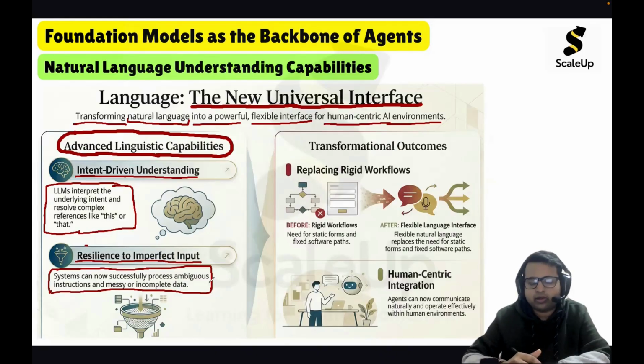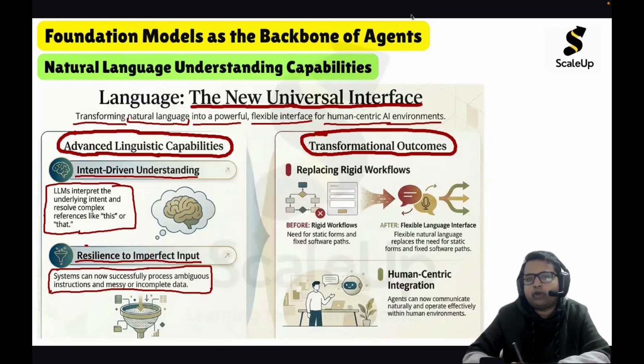So now it's very much clear to us that large language models can transform natural language into powerful, flexible interfaces for human-centric AI environments, wherein large language models have got advanced linguistic capabilities. So they support intent-driven understanding and resilience to imperfect input. And because of that, we have transformational outcomes.